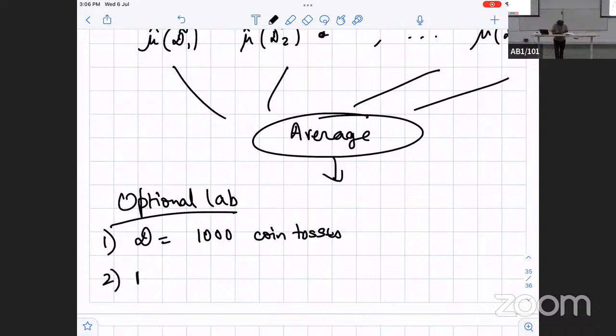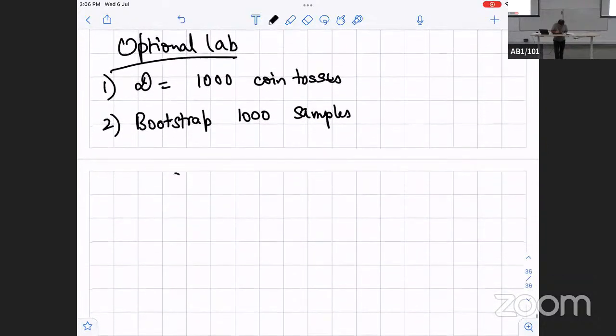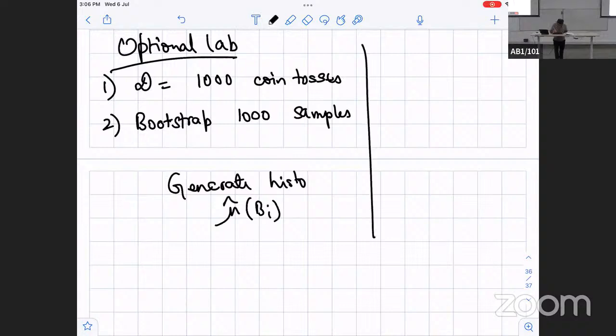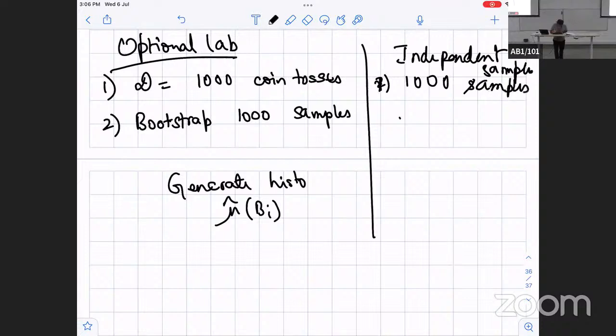Then second is bootstrap. Let's say 1000 samples, and generate a histogram. Histogram of what? Mu hat of D_i. This is one. Second, you actually have 1000 independent samples, 1000 such samples.